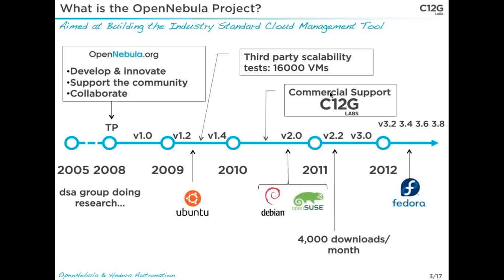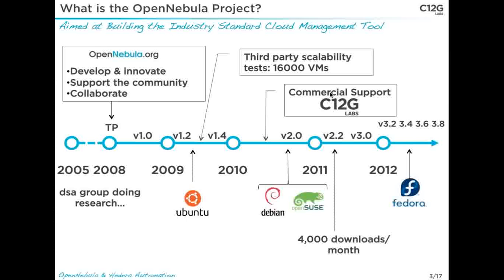So I will start with a brief overview on what's the OpenNebula project. The OpenNebula project started in 2005 with the DSA research group researching in cloud computing. And the first technological output of this research was a technology preview of OpenNebula that went out around 2008.